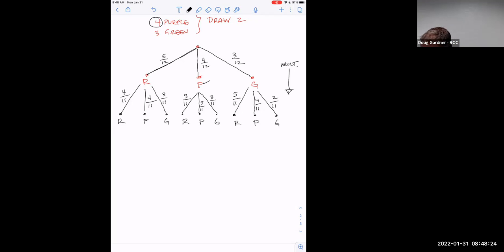So for instance, in this arm, if I take 5 out of 12 times 4 out of 11, what is that? 20 out of whatever 11 times 12 is, 132. That's your probability right there for getting a red and a red.